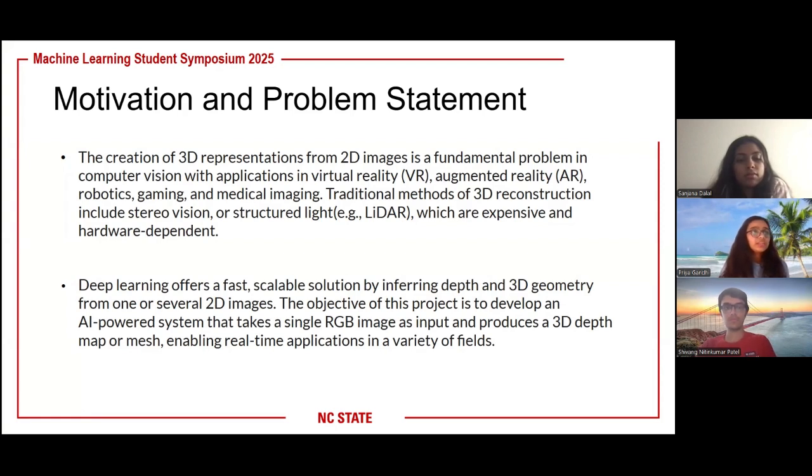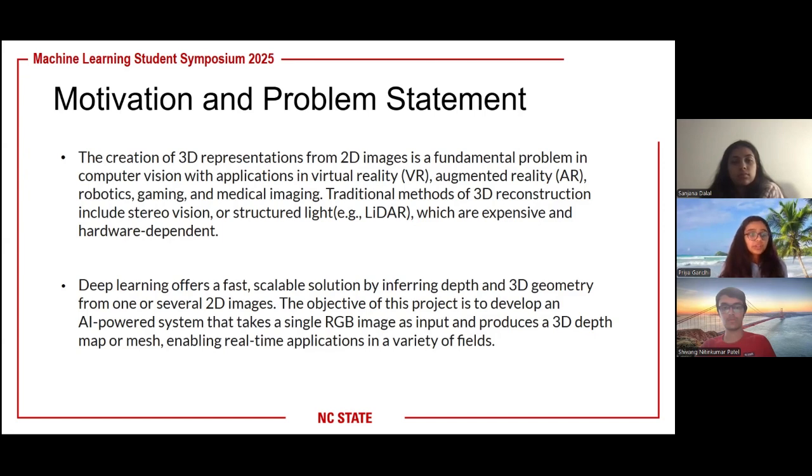Our motivation behind this project is that these days, in virtual reality, augmented reality, robotics, gaming, and medical imaging as well, generation of 3D images is very crucial. And being able to generate 3D representations from 2D images is a fundamental problem.